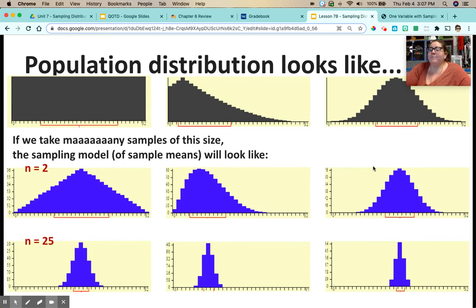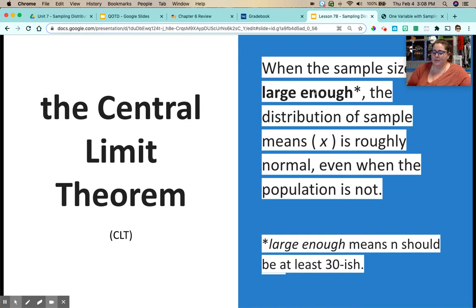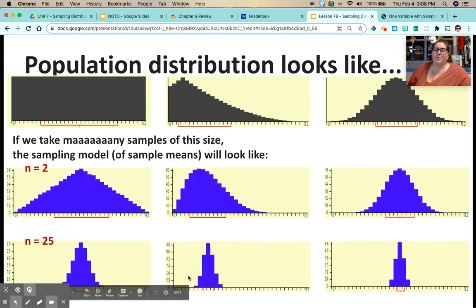And in fact, when sample size gets to about 25 to 30, we usually say 30 to be safe, that distribution for the sample means should look roughly normal no matter what my population started as. So we see that all 3 of these that started off as population distributions with very different shapes end up looking roughly normal by the time we got to sample size of 25.